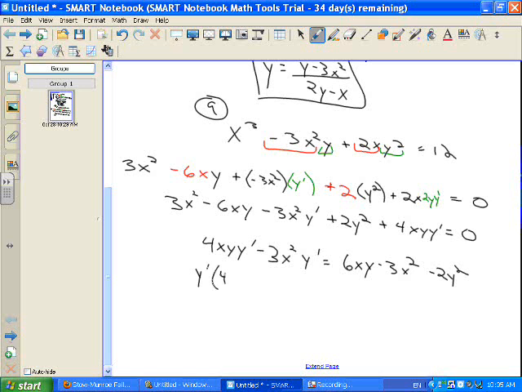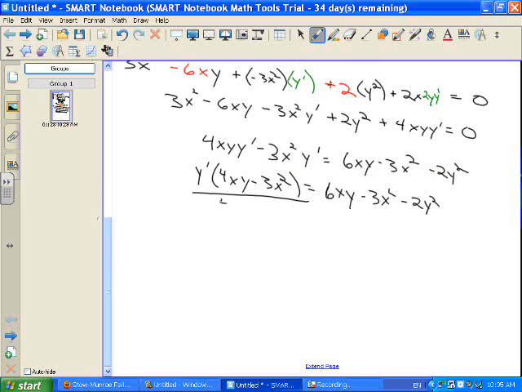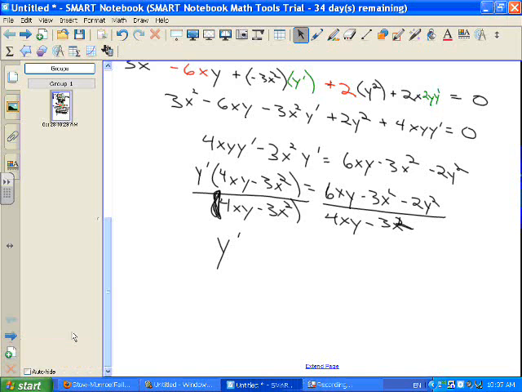Pull out my y prime, leaves me with 4xy minus 3x squared equals this mess. Okay. That puts me at y prime equals 6xy minus 3x squared minus 2y squared all over 4xy minus 3x squared.